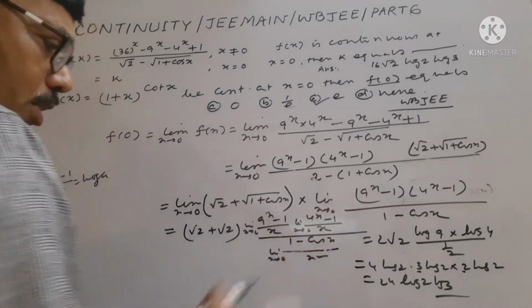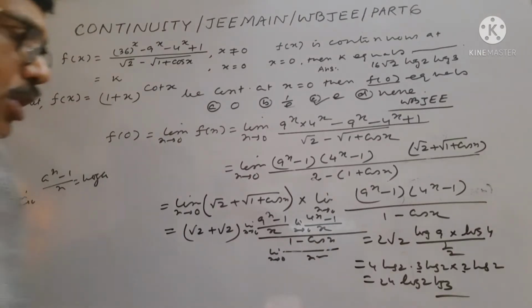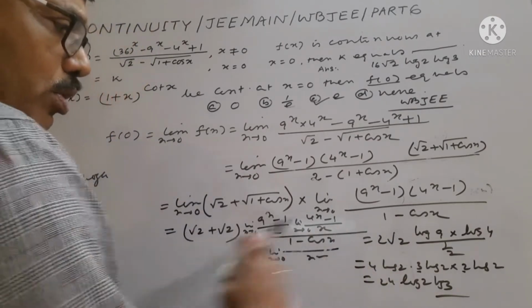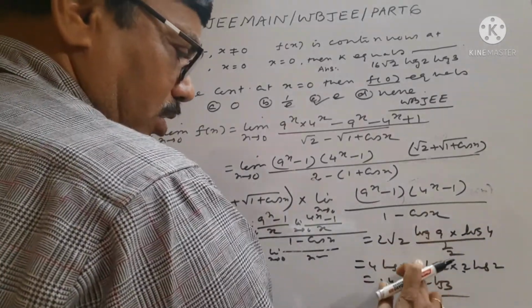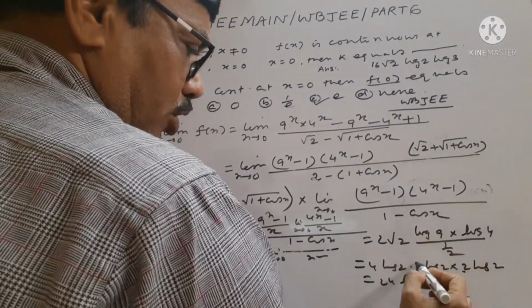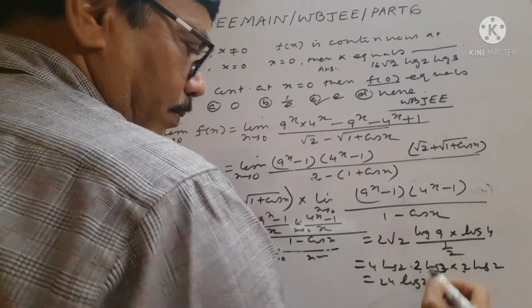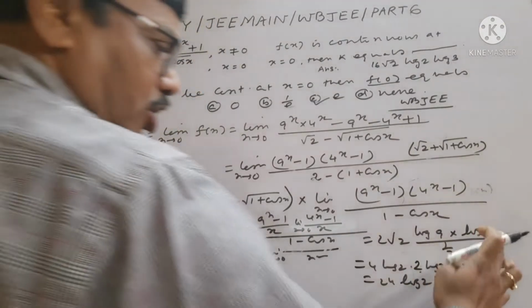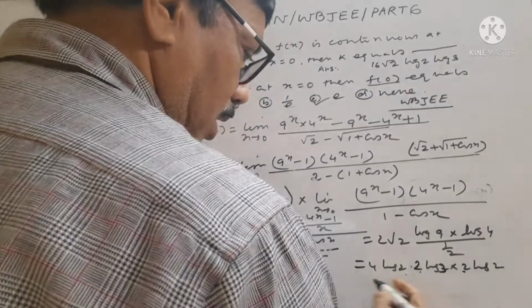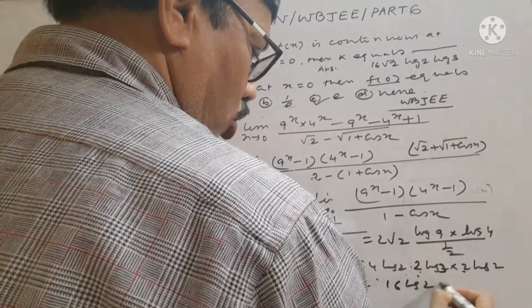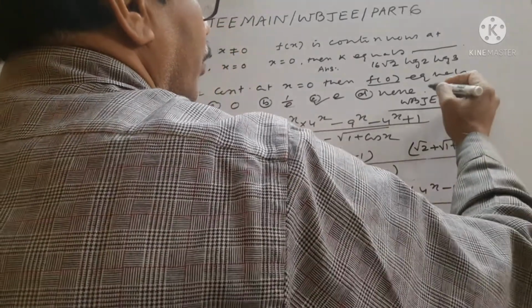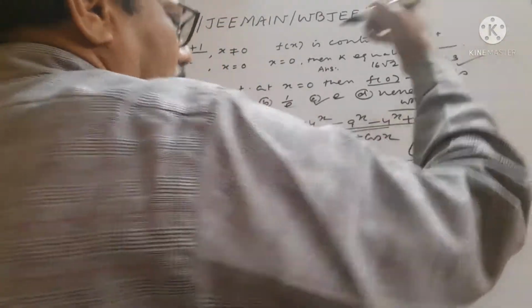So this is 2 root 2, this is log 9, log 4, half, 4 root 2. Log 9 is 2 log 3, and this is 2 log 2. So finally, 4 into 2 into 2, 16 log 2 log 3. Obviously, the base is e.